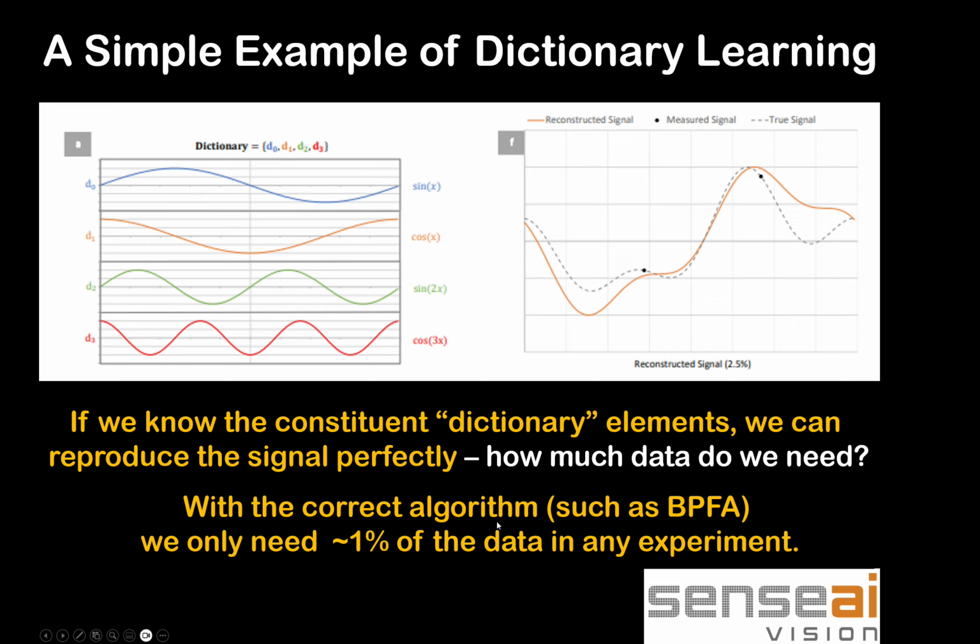But if we have the correct algorithm, and the one that we use is beta process factor analysis, or BPFA, it turns out that you don't need very much signal to be able to learn what these components are and reconstruct the whole process. And it can go down to about 1% of the data, which for an experiment in the microscope means that we can go 100 times faster and have 100 times less dose.